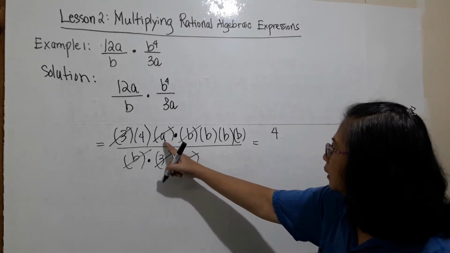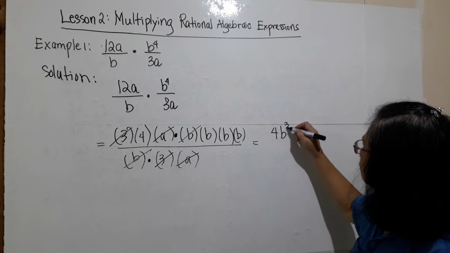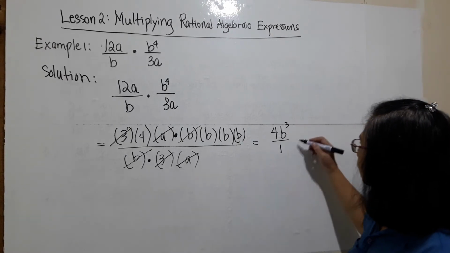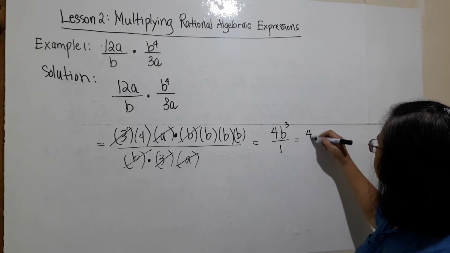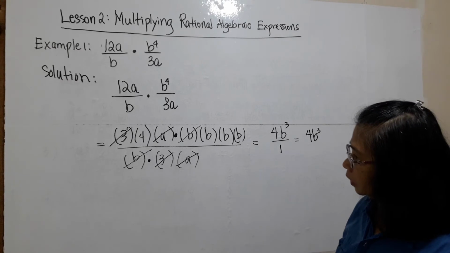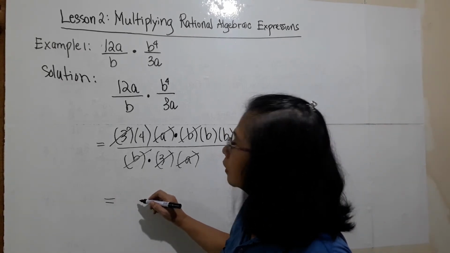For the letter A variable, nothing is left. For the B, we have 3 B's over 1, nothing is left in the denominator. So the product is 4b cubed. In short form, we can do it this way, by mere cancellation.